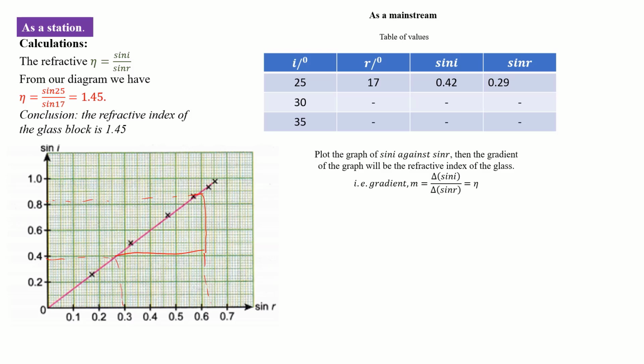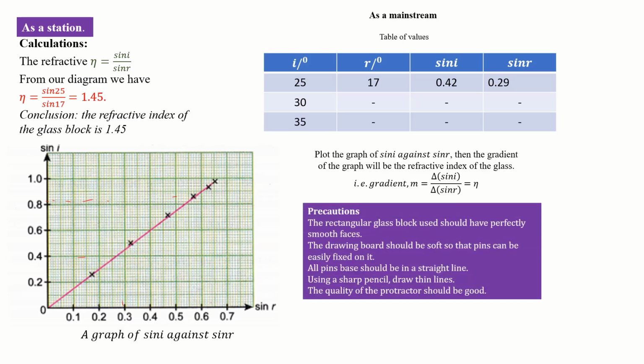If we assume we had 0.8 minus 0.4 divided by 0.62 minus maybe 0.3, it gives us like 1.25. But anyways, you do it very well on your sheet. So that's what we have. So the gradient here, sine I over sine R, gives you theta.